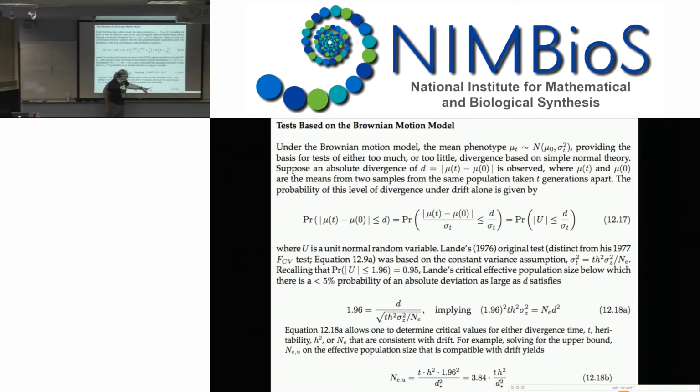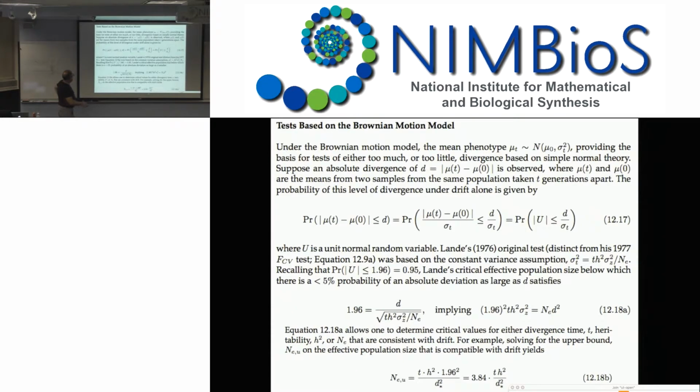Well, it's simply equal to the heritability times the time divided by the amount of divergence you observe. So bottom line here is if I know time and heritability, under this model I get a critical value for the effective population size. If I'm below that critical value, I can have all the divergence I want. It's consistent. If I'm above that critical value, there's too much divergence relative to the amount of divergence I'd expect. Remember, large N equals slower divergence.